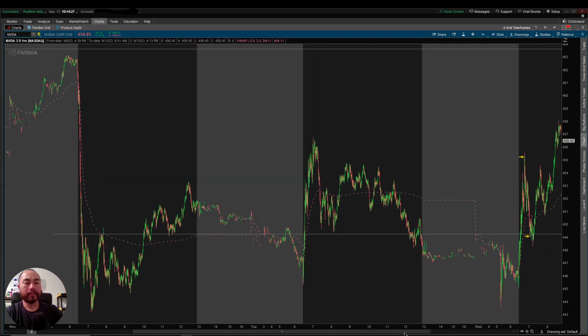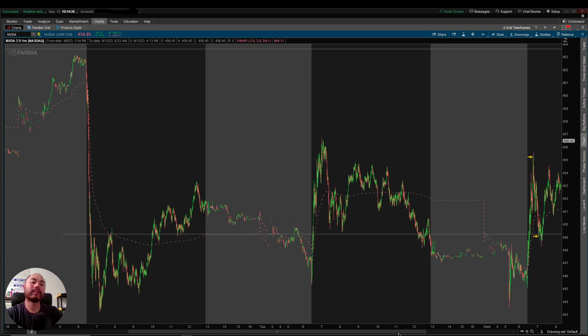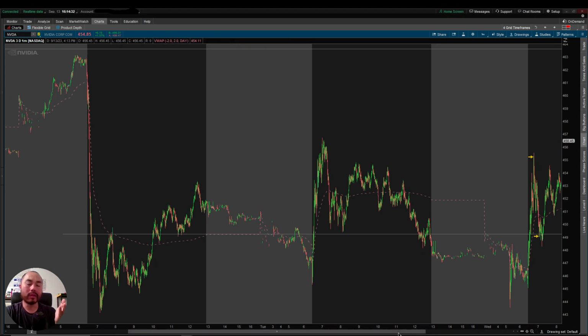And so at this point, nobody really knows where it's going to go, but the probability is up. It can come up here and then come down and move its way down. But the probability is up because we've seen this support, right? We watched what it's done for the past couple days.